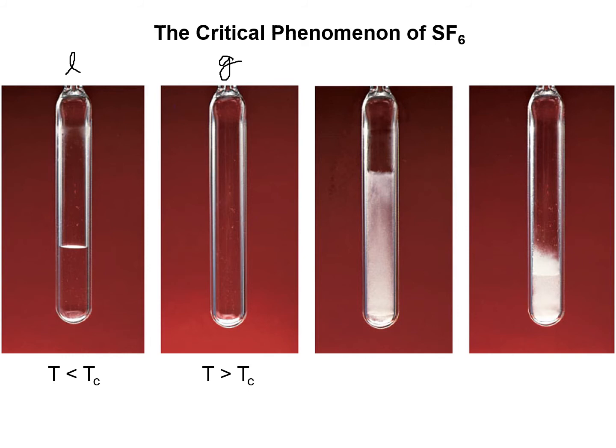In the next panel, our temperature is at approximately the critical temperature. And we have essentially a mixture of, so we have a little bit of gas, a little bit of liquid, maybe more gaseous or vapor than the liquid. So we have this foggy condensation of that vapor.